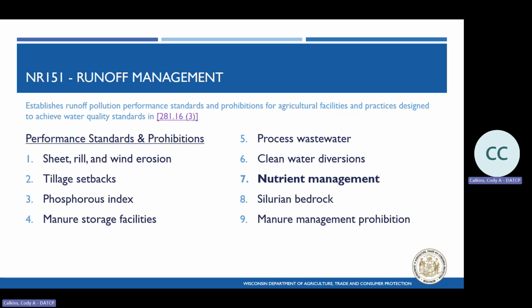And it also requires the Department of Agriculture to provide the technical and other financial assistance necessary to meet those performance standards. So before you, you have a list of NR 151, that is the DNR's administrative rule known as runoff management. It establishes runoff pollution performance standards and prohibitions for agricultural facilities and practices designed to achieve water quality standards in Chapter 281.